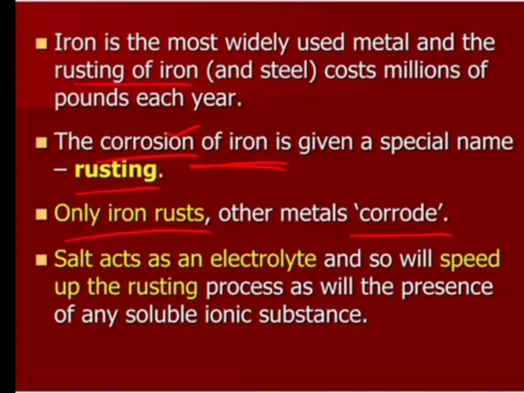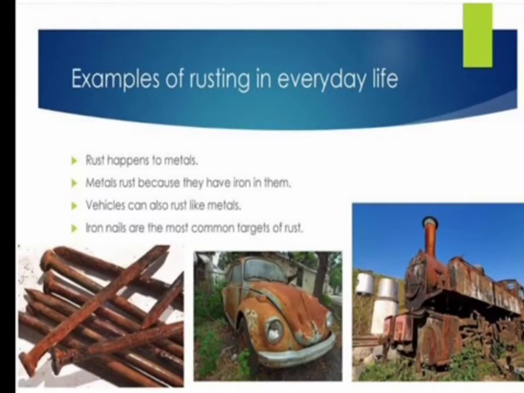Now come to the next slide. Here are some examples of rusting in everyday life. Rusting happens to metal, or most probably iron. Metals rust because they have iron in them. If any metal or any substance has iron, it is called rusting.